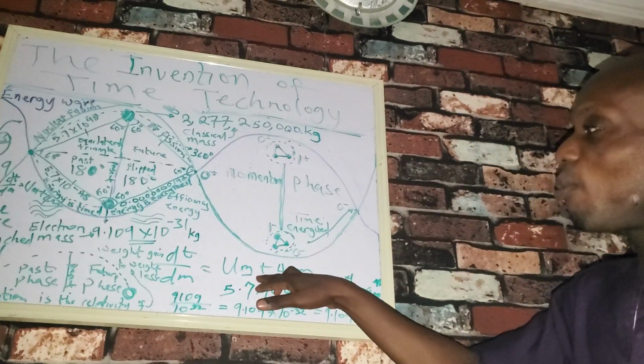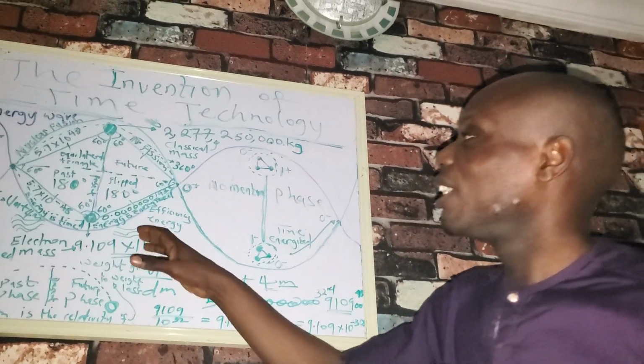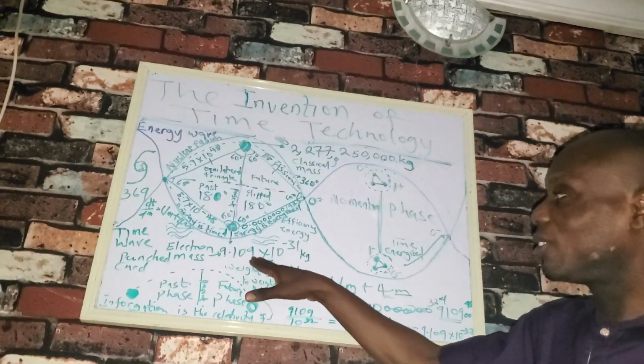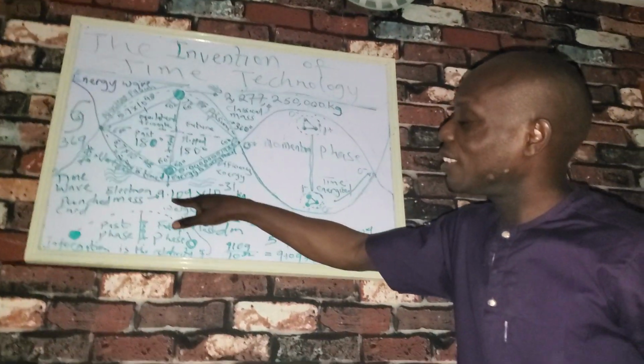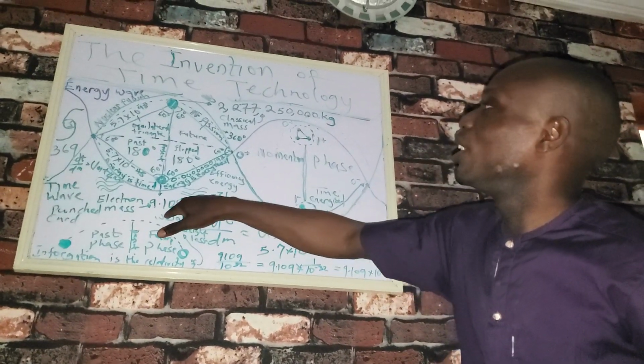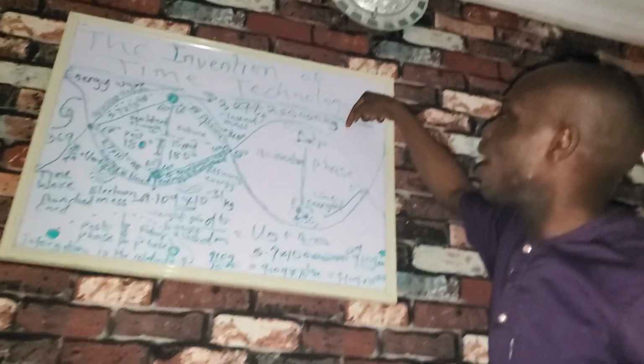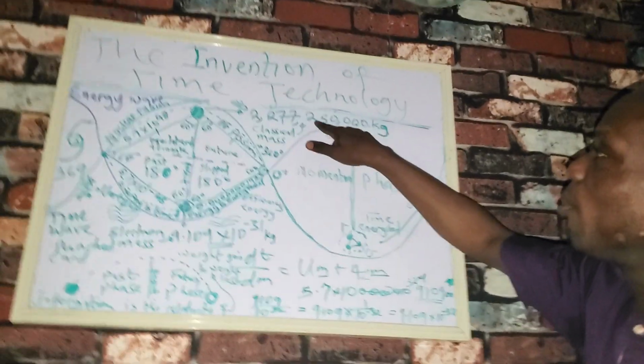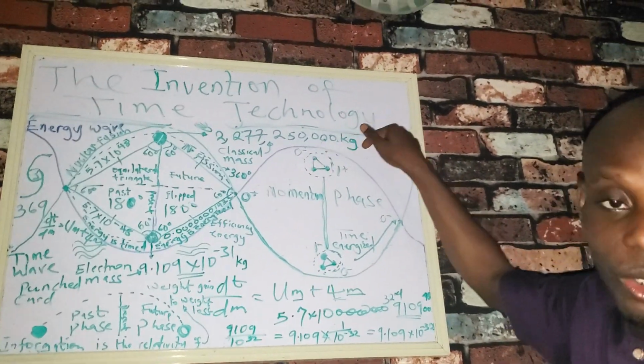Now, by applying the formula of everything, we have seen that when you get the actual electron mass, and then you use that actual electron mass to get the counter classical mass, which is 2,277,250,000 kilograms.